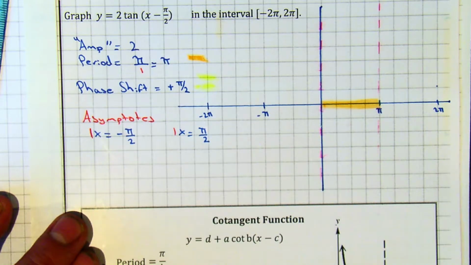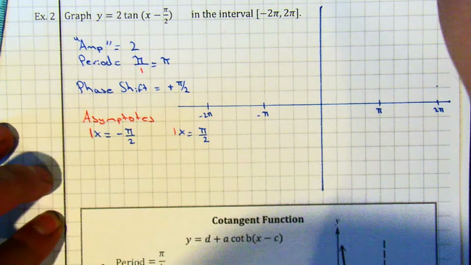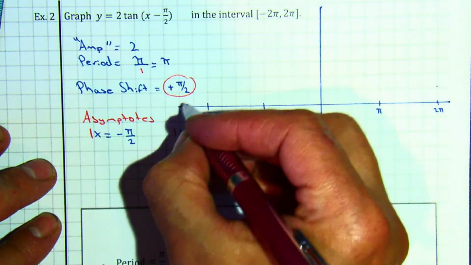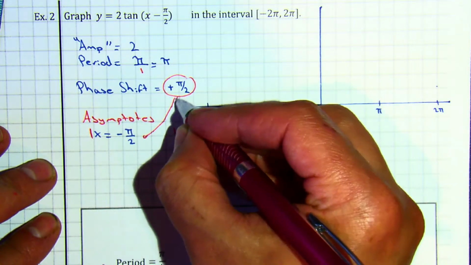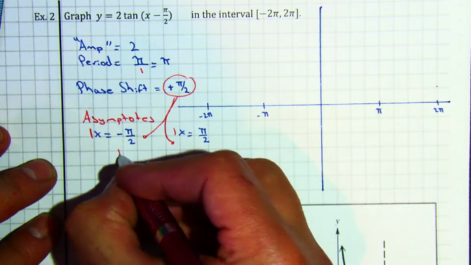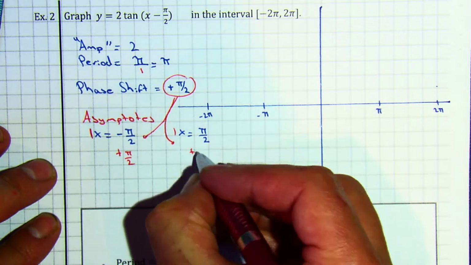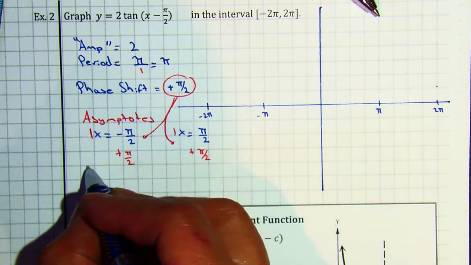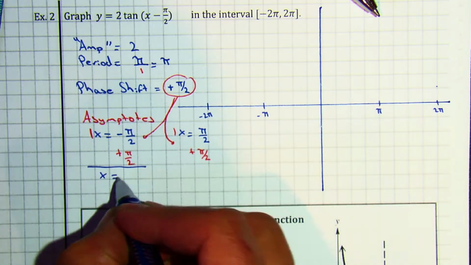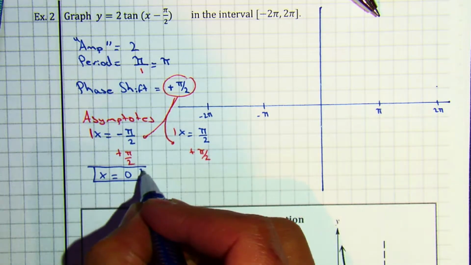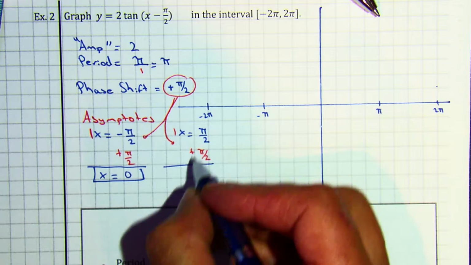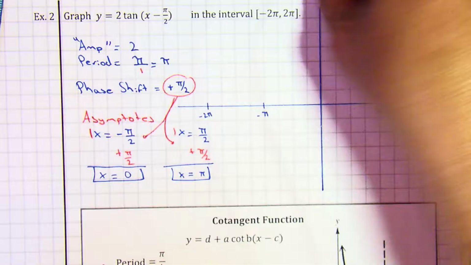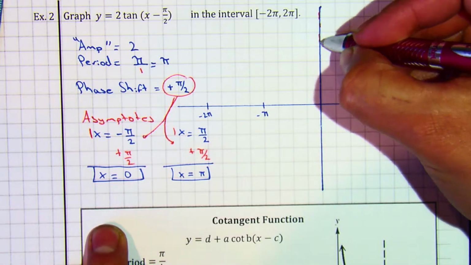One of the best things to do is to just add your shift to each of my asymptotes. I'm going to add pi over 2 to negative pi over 2, so my asymptote is now going to be 0. And my other asymptote, pi over 2 plus pi over 2, will be pi. My asymptotes are now 0 and pi.